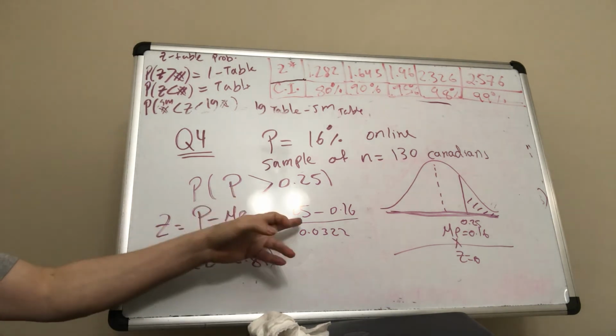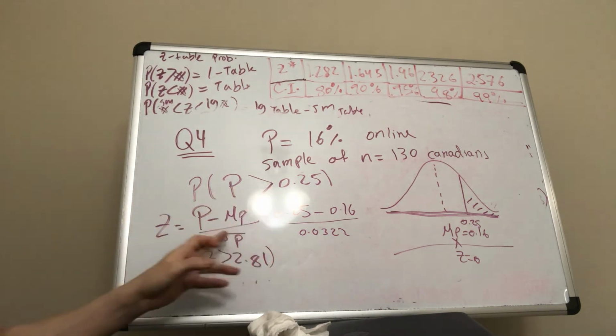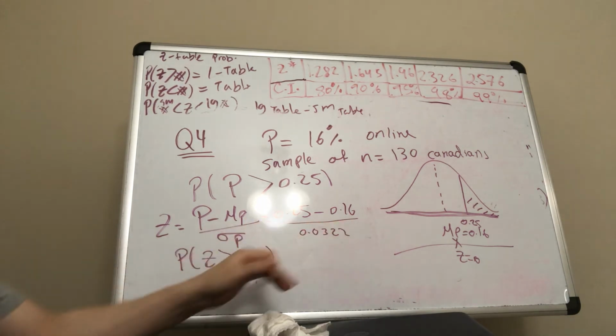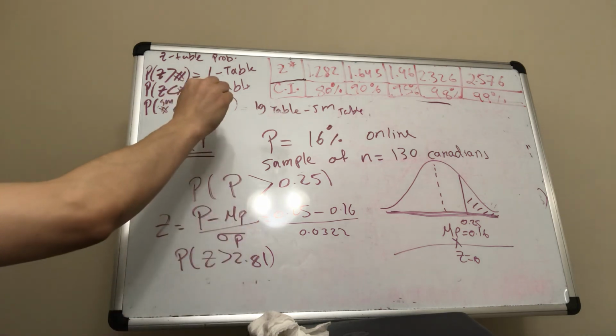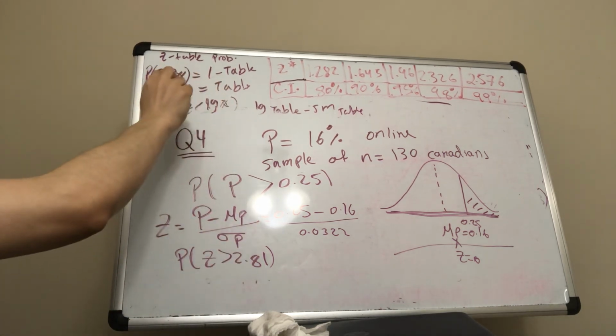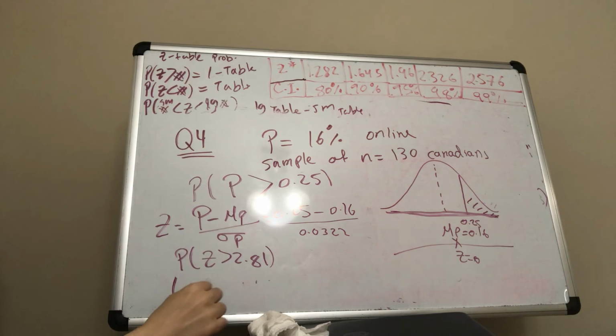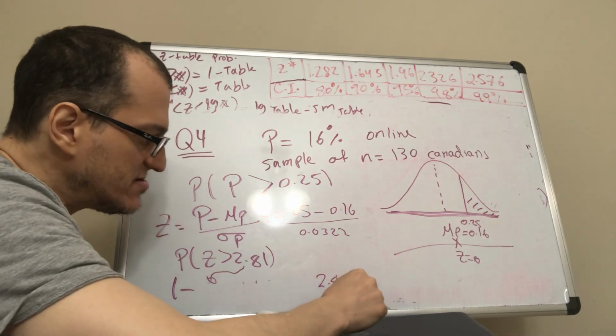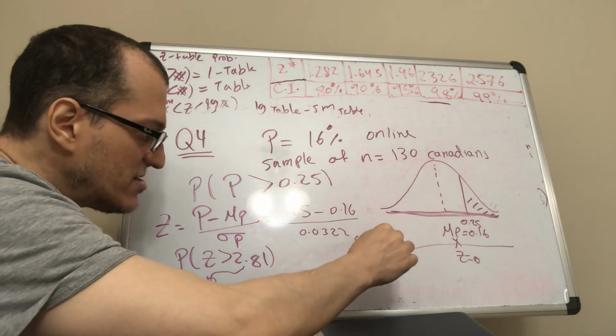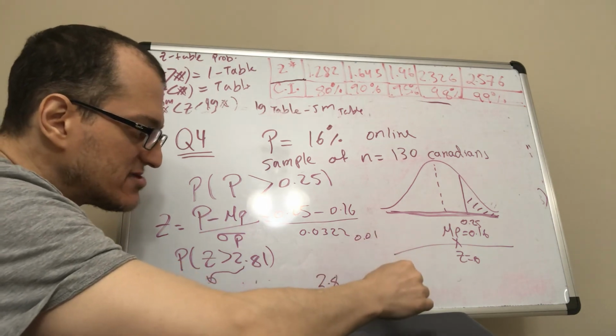So if you put everything in the equation, it would be P of Z more than 2.81. And I told you, I still have the 3 cases here. For more, your answer is 1 minus whatever this is from the table. So you go to the last page where the table is, and you find 2.81. In the positive, you need 2.8, and the first number after the decimal, 1, in the second decimal place.